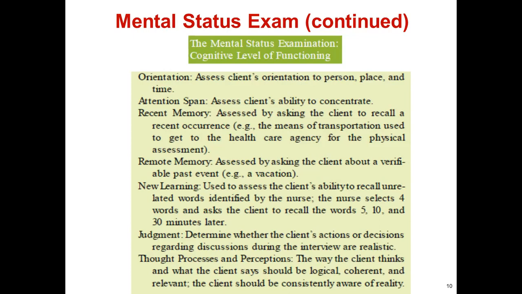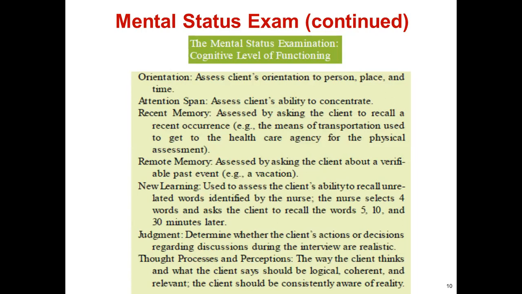Also, new learning is used to assess the client's ability to recall unrelated words identified by the nurse. Judgment determines whether the client's actions or decision-making abilities regarding the discussion during the interview are realistic or not.